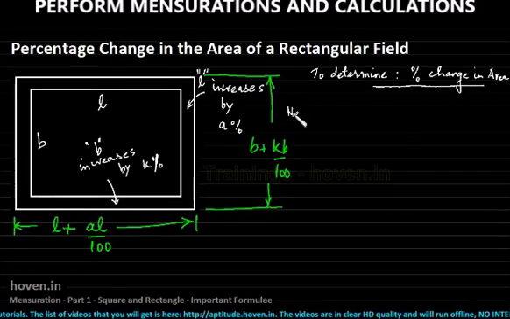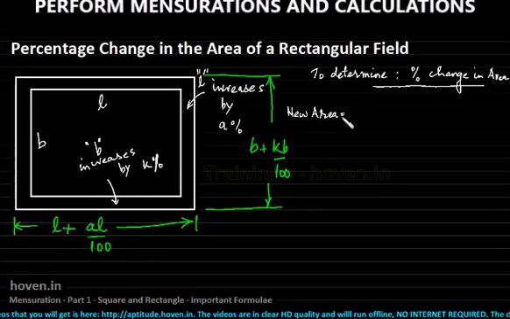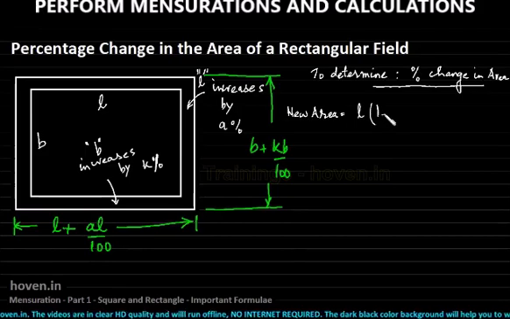Now we can write new area. New area will be new length into new breadth. We can write it as L into 1 plus A by 100.